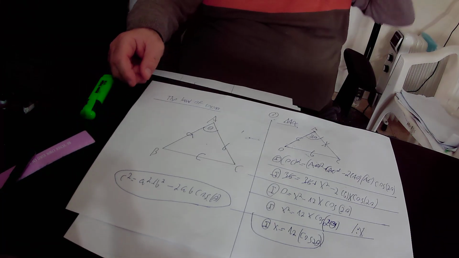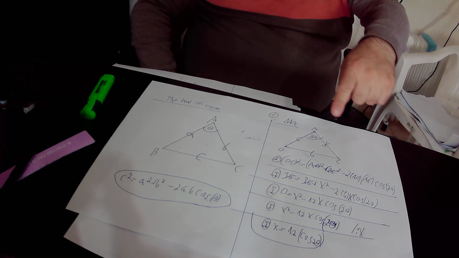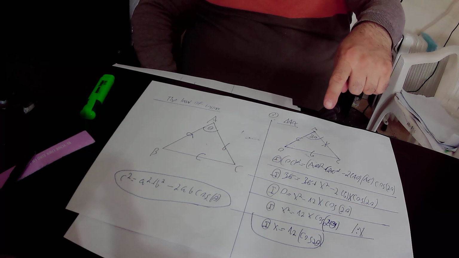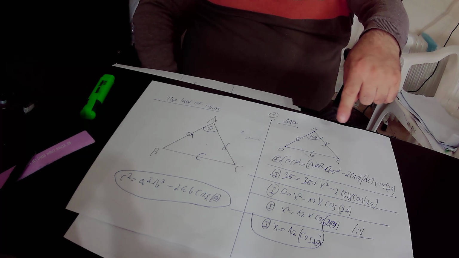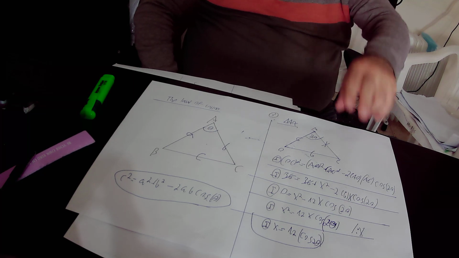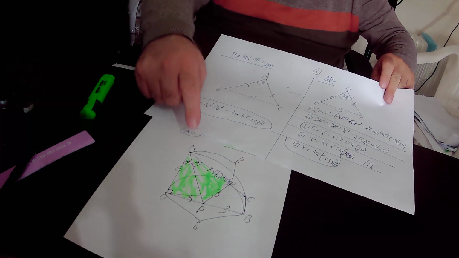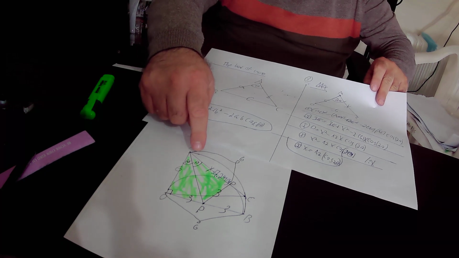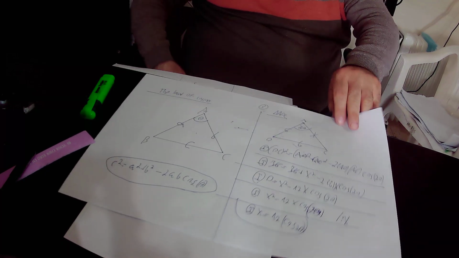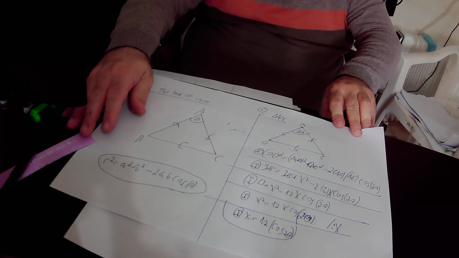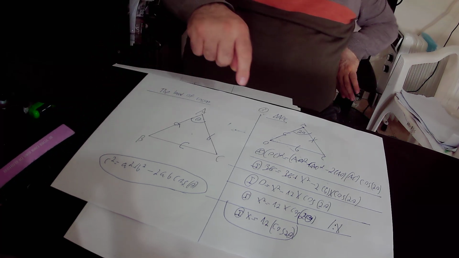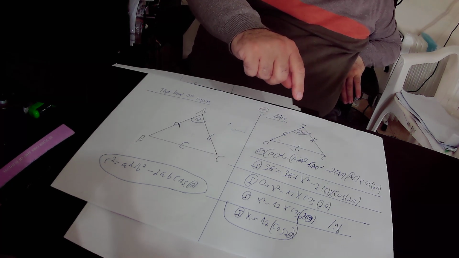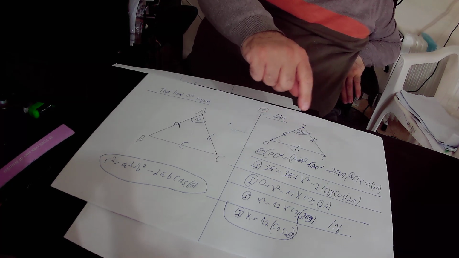So OC equals 6 units, AC equals x, and AO equals 6. The angle between side AO and side AC, angle OAC, equals 2 theta. So according to the law of cosines, OC squared equals AO squared plus AC squared minus 2 times AO times AC times cosine 2 theta.